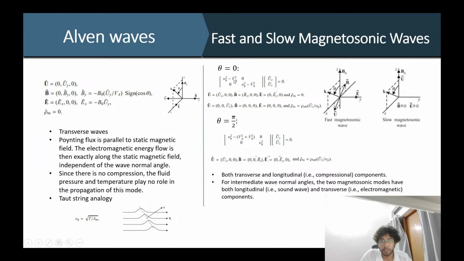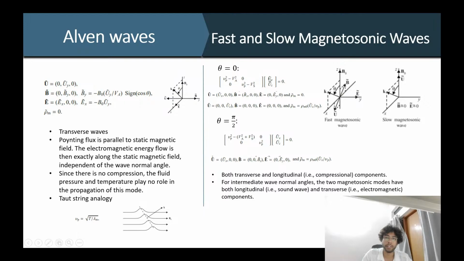So now from here you can see, this is one of the solutions. One solution is with non-zero ux, and another solution is with non-zero uz, right? So this is basically an eigenvector equation.